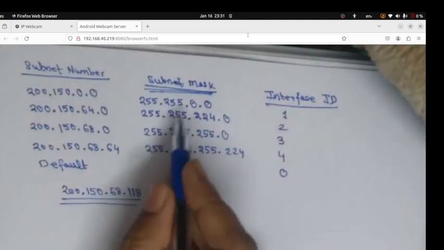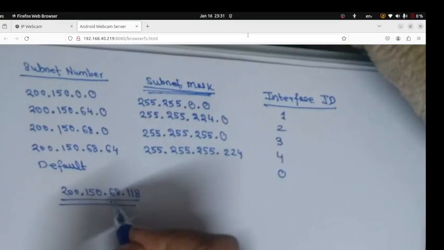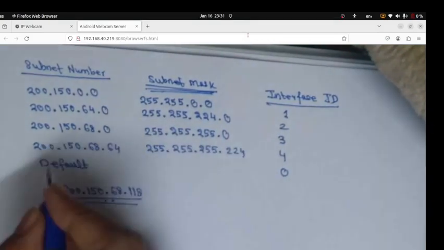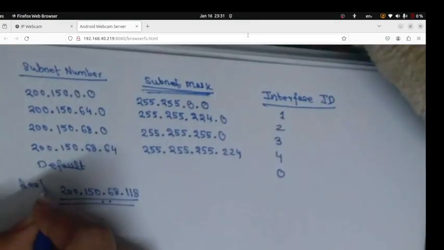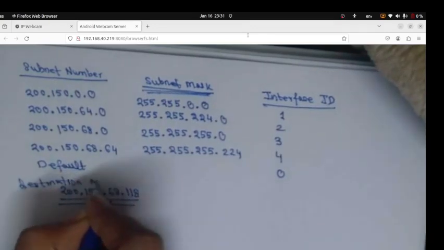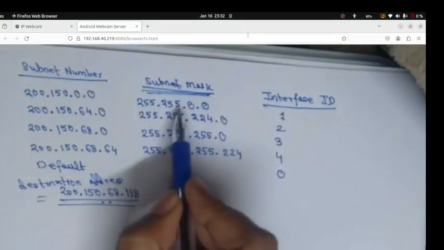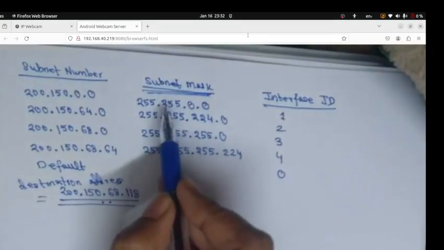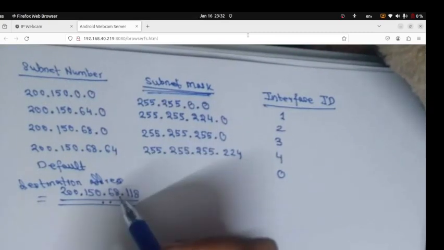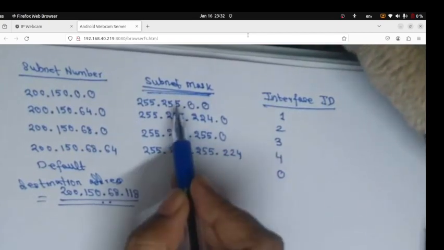With the subnet mask, we do a bitwise AND operation between the destination address and the corresponding mask. After the AND operation, we get a result, which tells the network address when we use a particular subnet mask.